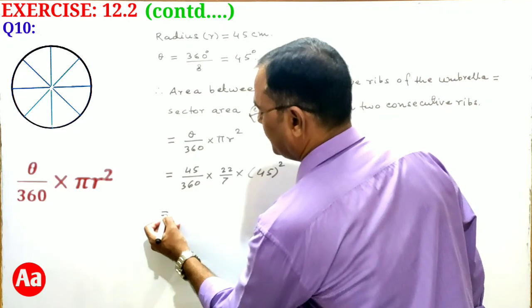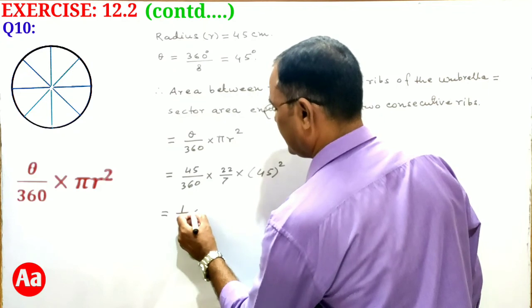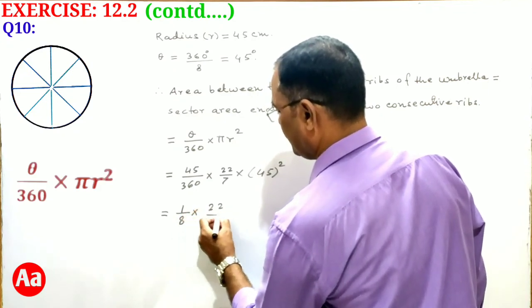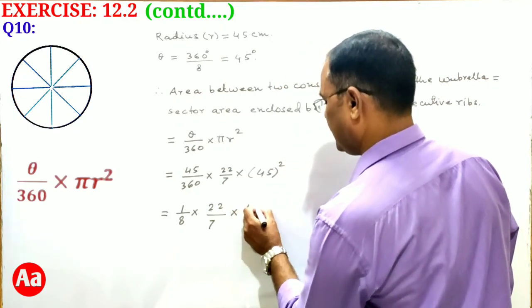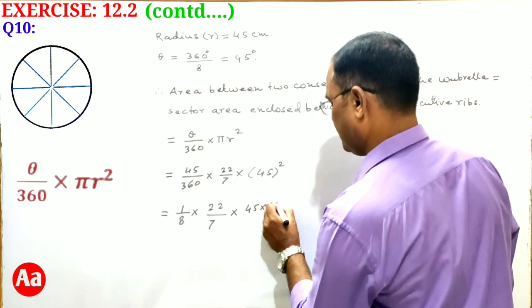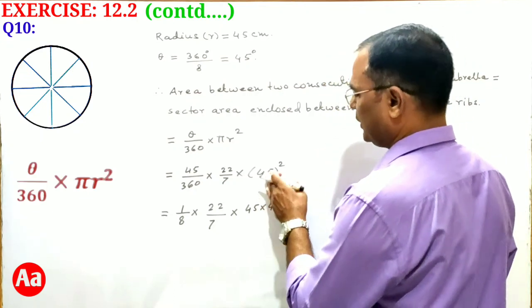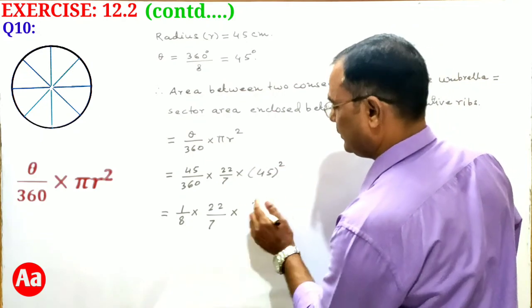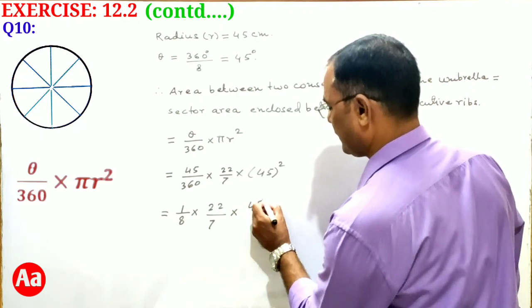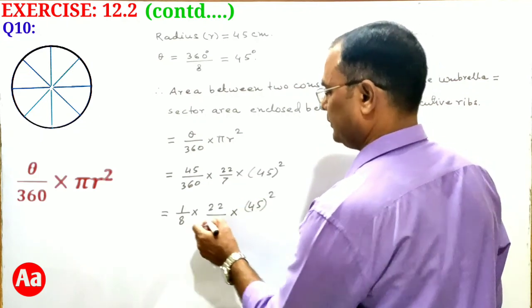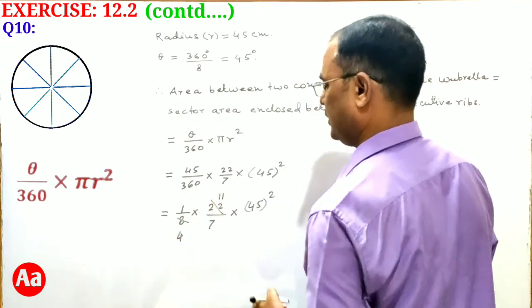This is equal to, this 45 by 360, it will be 1 by 8, into 22 by 7 into 45 into 45. We may not write 45 into 45, so let it be 45 whole square. This 2 4 ja 8, 2 11 times 22.